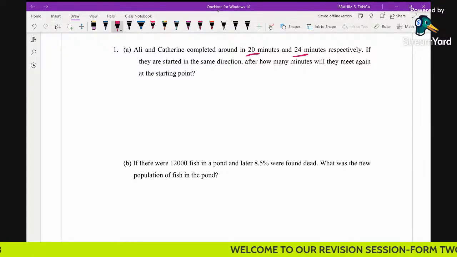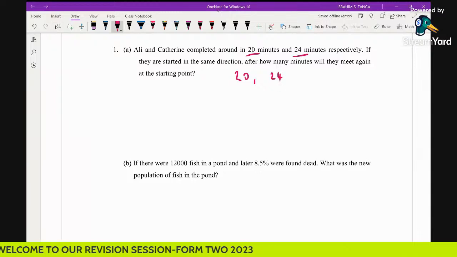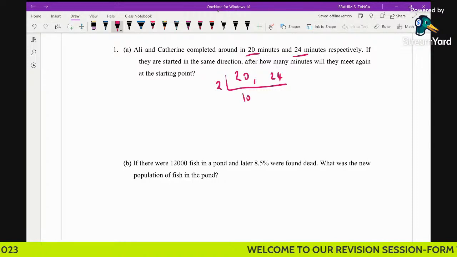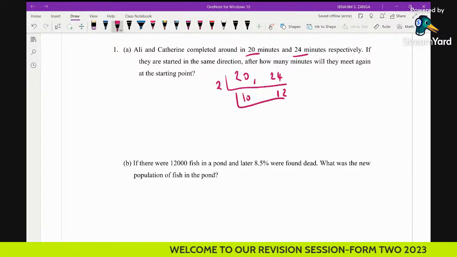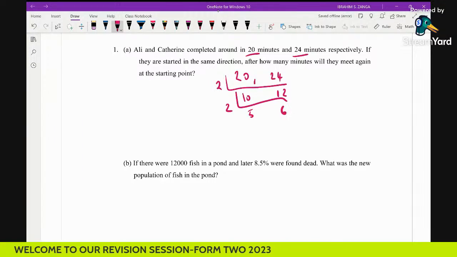To find the LCM of 20 and 24, I'll take 20 and 24 and break them down into prime factors. Divided by 2 we get 10 and 12. By 2 again, 5 and 6.